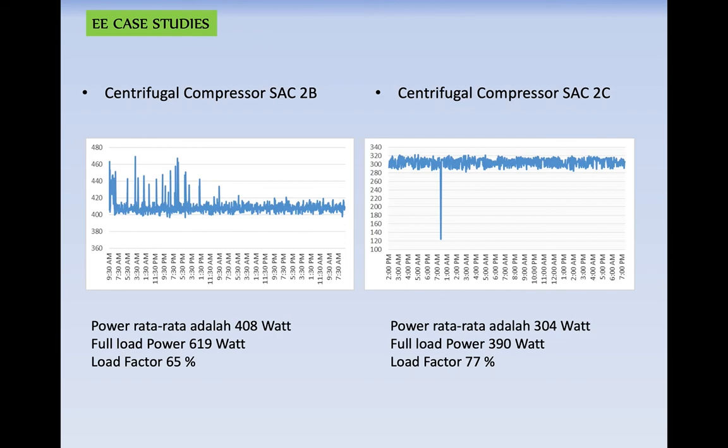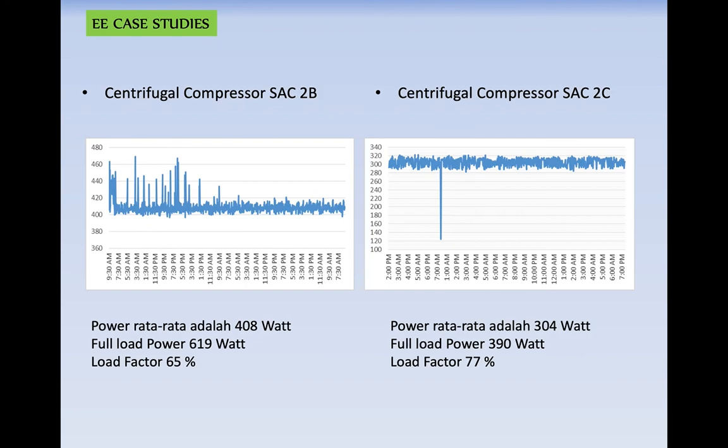So we conclude from this power measurement that most of the time, all four of these compressors installed in the two compressor houses operate in partial load.